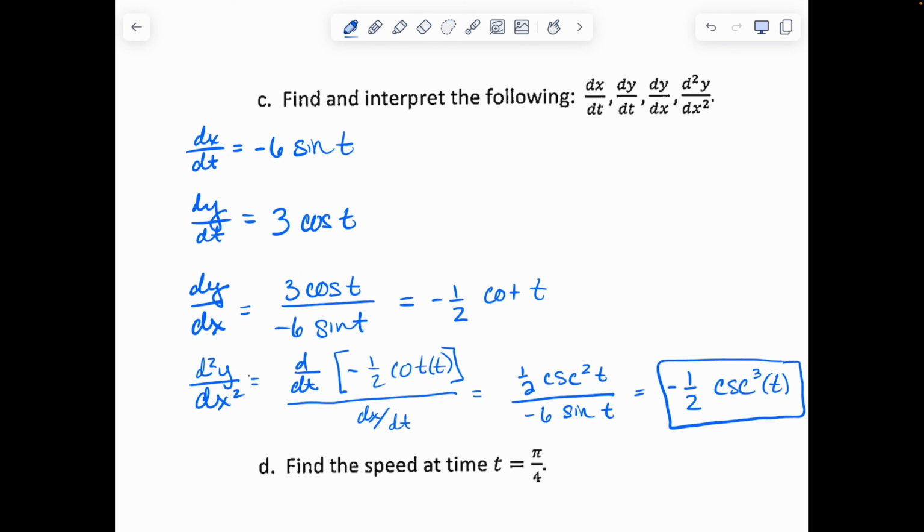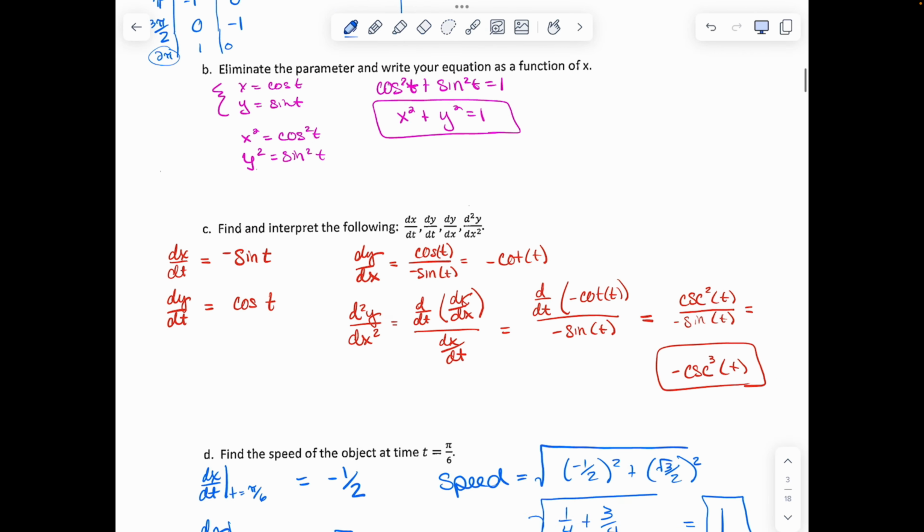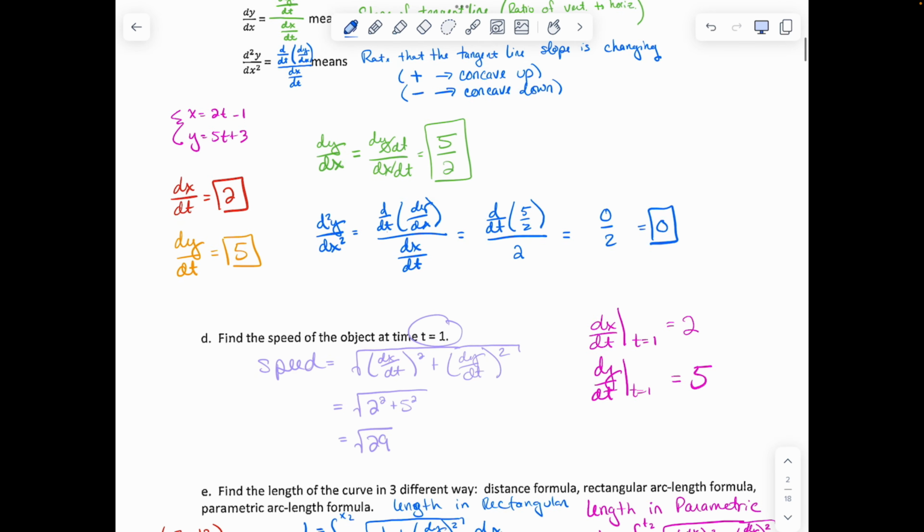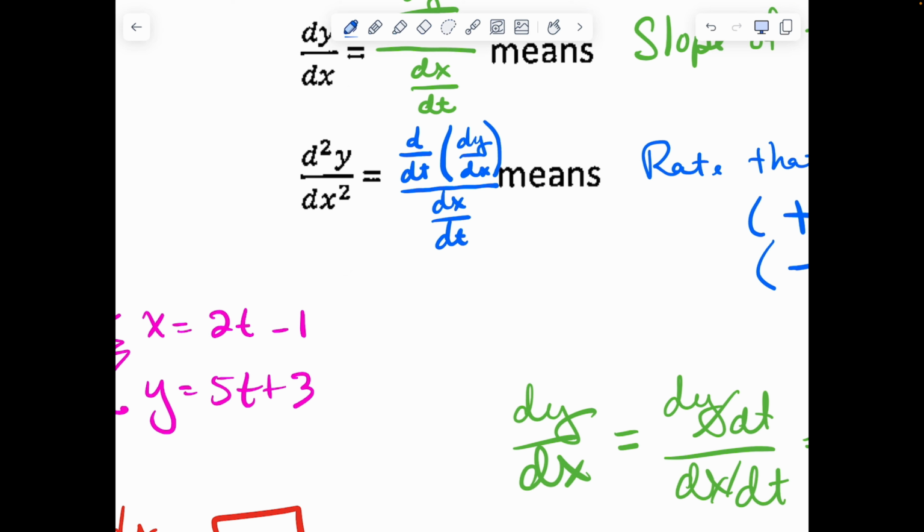Pausing for questions, how are we doing? Why is it dt, like the derivative of the, why is it like that? Do you know what I'm saying? So that's the formula. If we go all the way back to the beginning over here, the second derivative is d/dt of dy/dx over dx/dt.